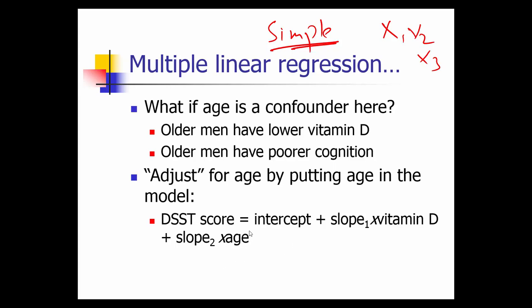So here, apart from vitamin D percentage, we have included age. So now we have independent variable 1, x1, and this is x2. But most of the time you will have only one dependent variable, though there could be several independent variables.